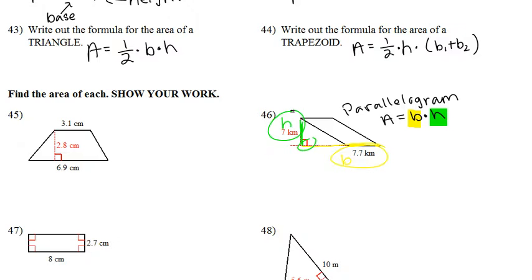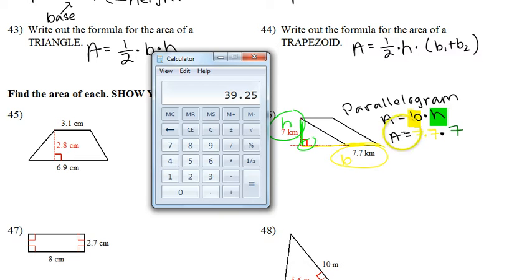So now that I have my base and my height, I can plug them directly into the formula. A equals my base, which is 7.7, times my height, which is 7. And we can type that into a calculator to find our actual area. 7.7 times 7 equals 53.9.